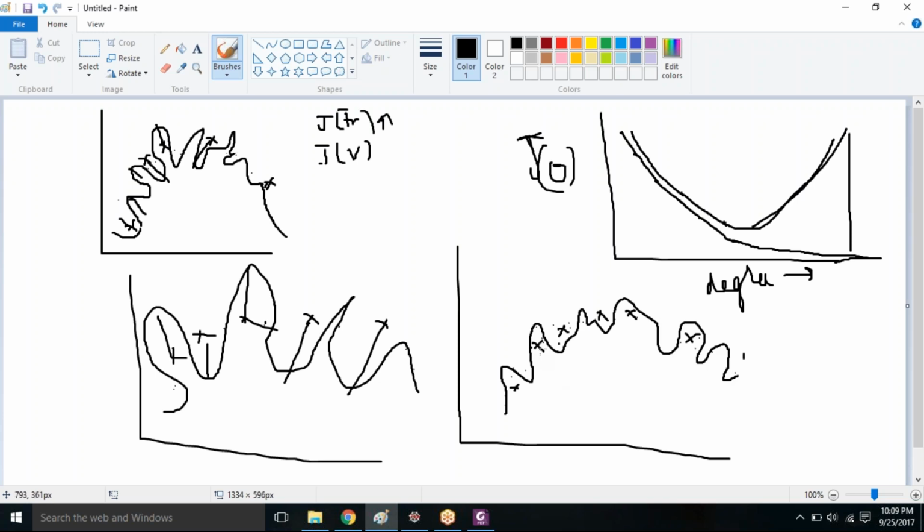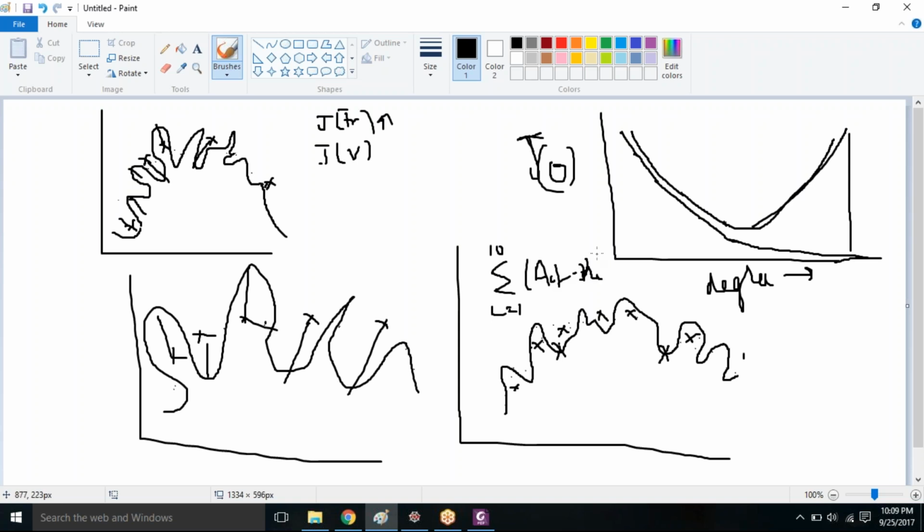It might be possible that the validation data was here, or maybe here. So it might be possible that it will fit, say, 10% of the validation set very well. But when you calculate the validation error, you sum it over all the validation data points.